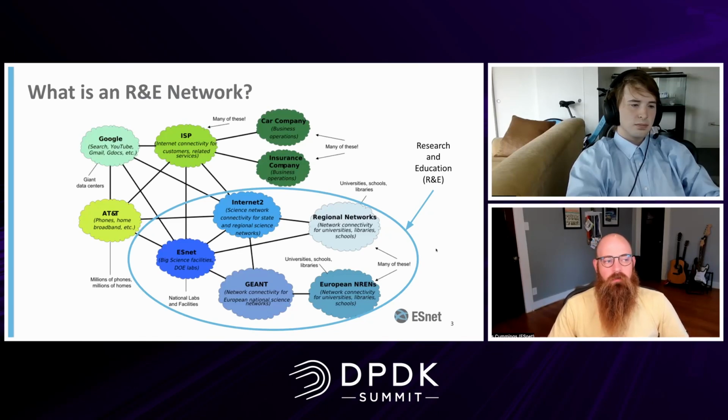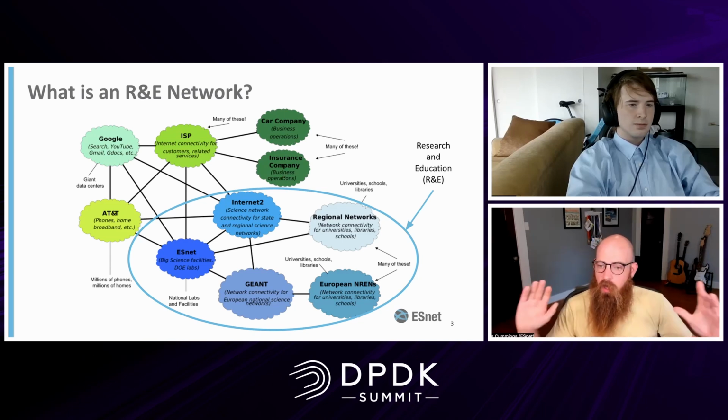We are an R&E network, or a research and education network. In this diagram, you can see that there are ISPs. Think your Comcast, AT&T, the big providers who maybe are tier ones and don't peer with anybody or peer with everybody, but don't buy transit from anyone. They connect to content service providers like Google, maybe businesses like a car company or an insurance company. There's a lot of those style networks. Then there's R&E networks, which there's also a lot of.